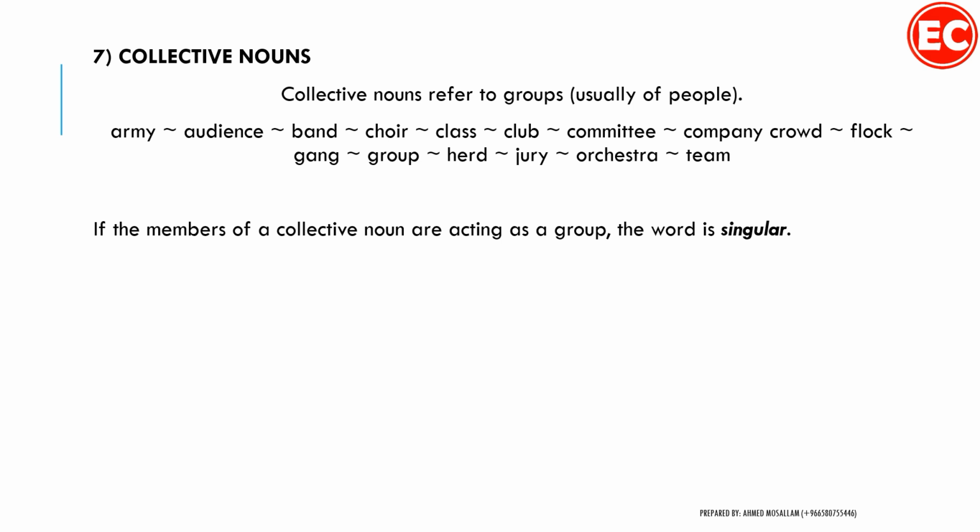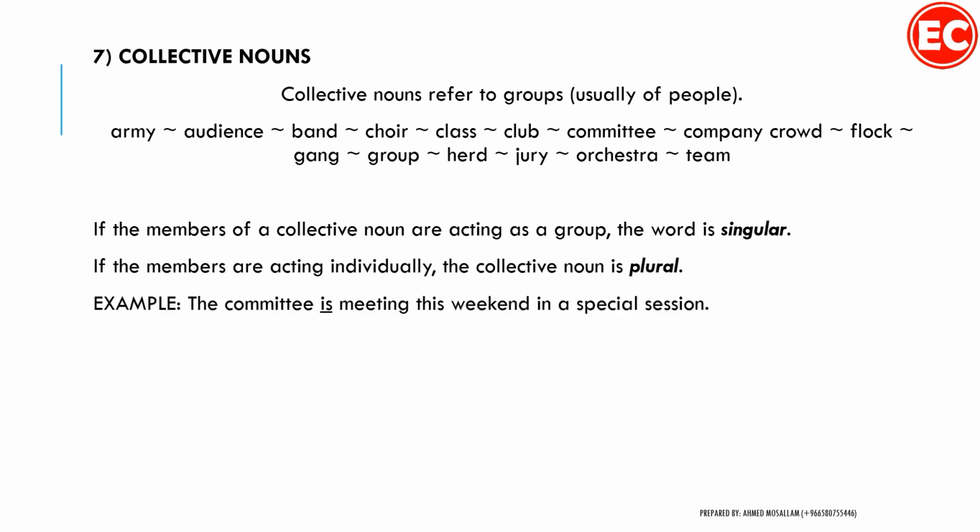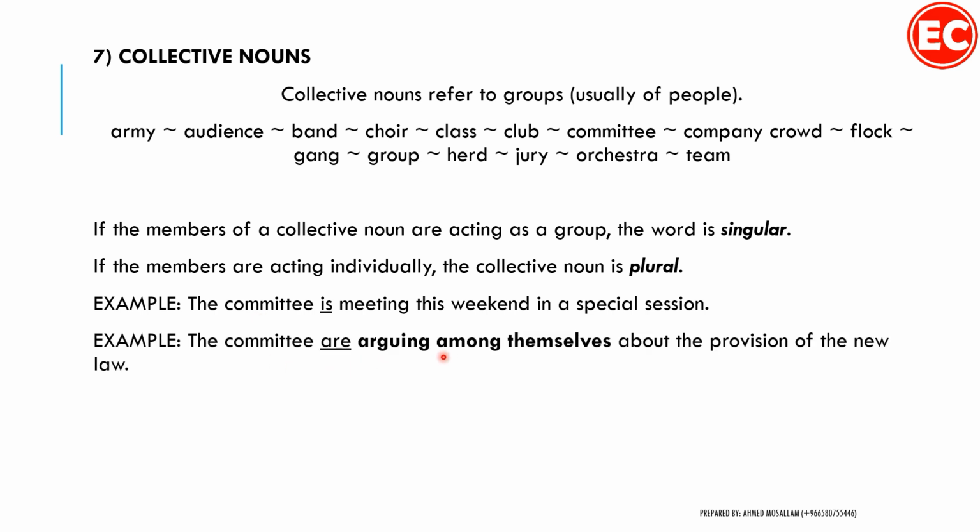So here, as I said, look at this example. The committee is meeting this weekend on a special session. So is here singular because the committee, they are all meeting this weekend. But if they are not on the same page: the committee are arguing among themselves.